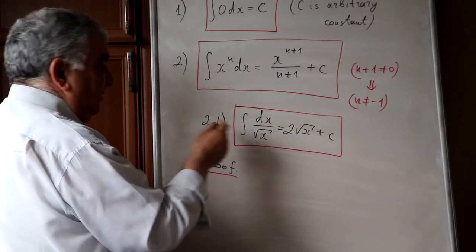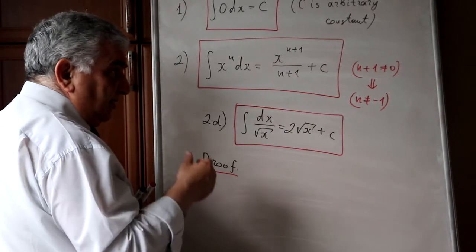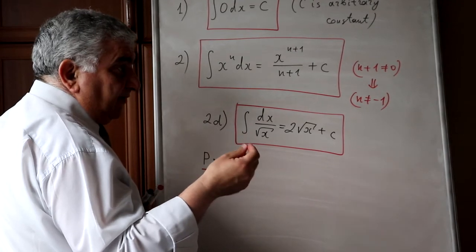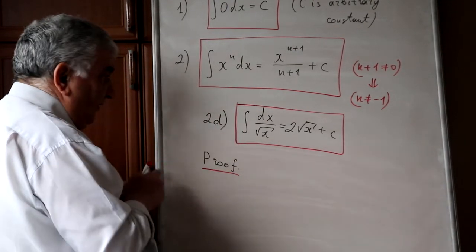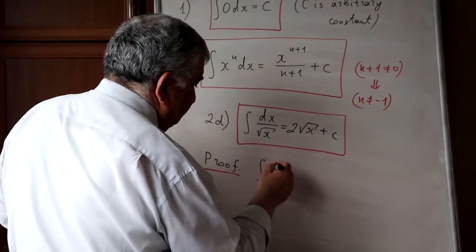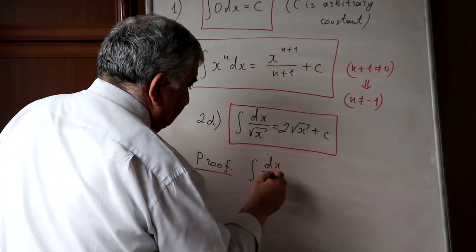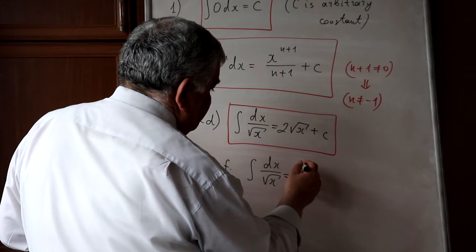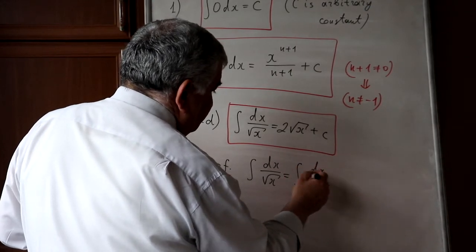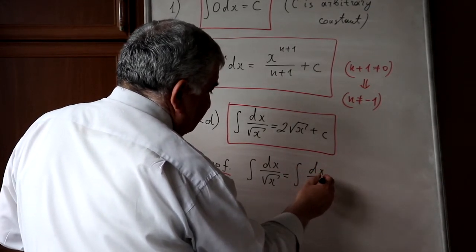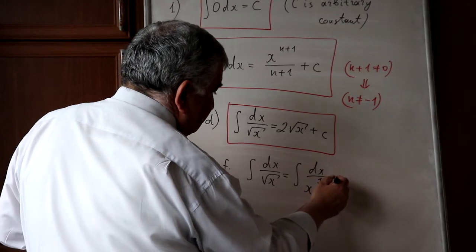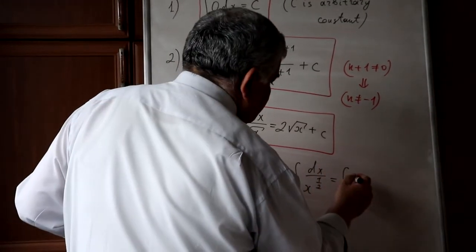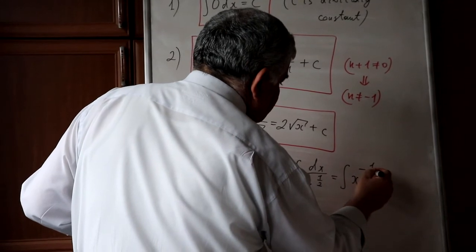Rewrite the integrand and transform the integral to the standard form of the power function. Integral of dx over square root of x is equal to integral dx over x to the 1/2 equals integral of x to the minus 1/2 dx.